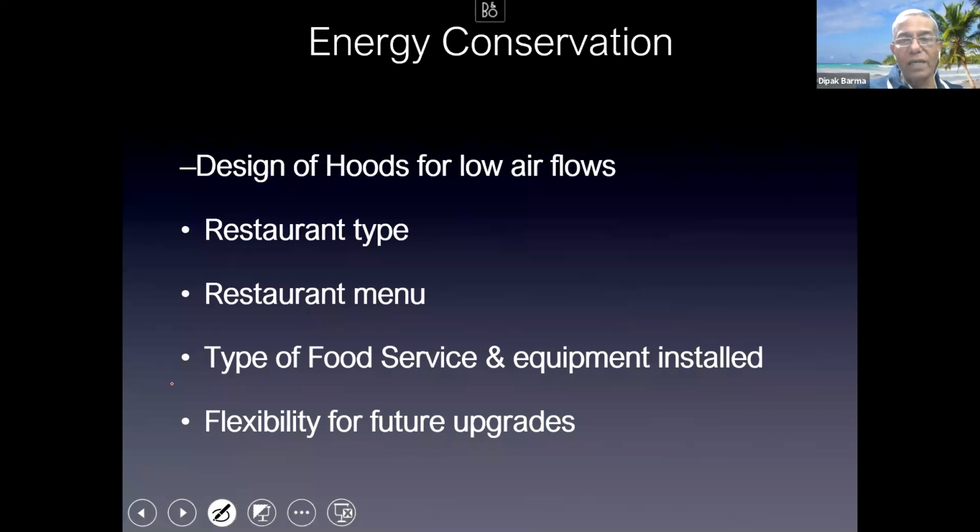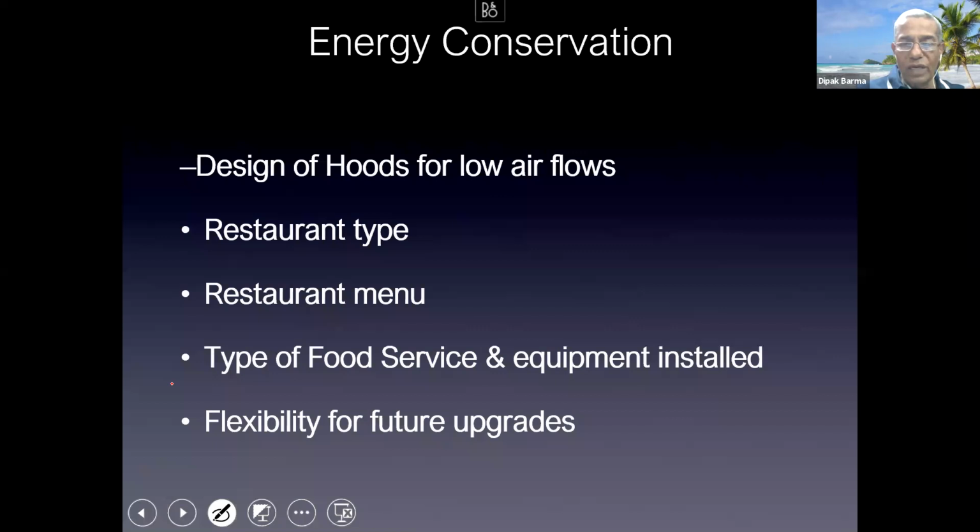So try and design the hoods for as low air flows as possible, but ensure that your capture and containment is taken care of. Do consider the type of restaurant, do consider the restaurant's menu, and ensure that you are not oversizing.